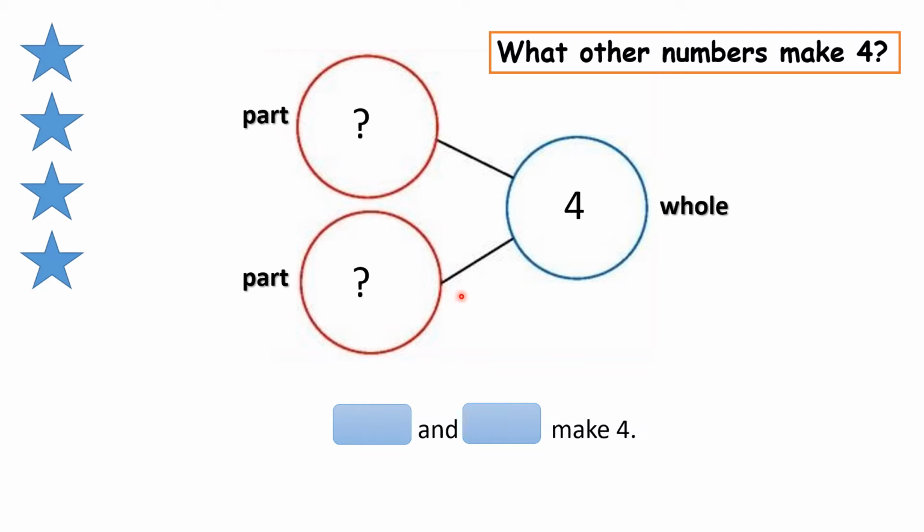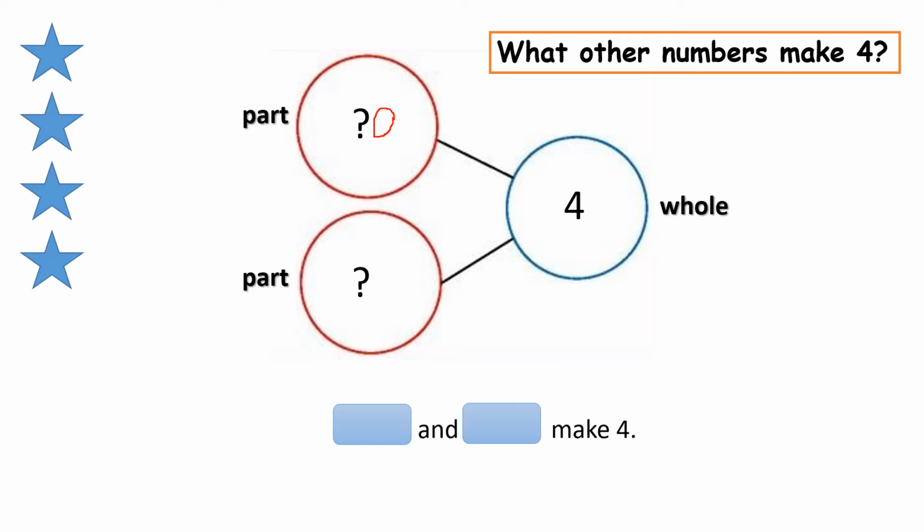Let's find another new way to make 4. As you can see in the number bond, there are no numbers in the parts circle. That's where we need to find how many stars are there in this part and how many stars are there in this part. Just now, we started with 0 in this part.